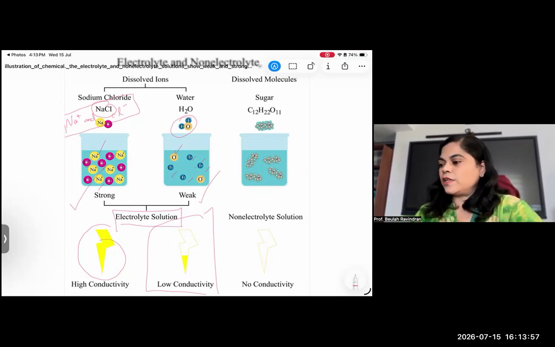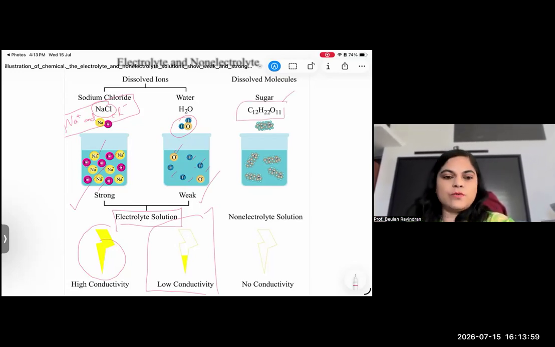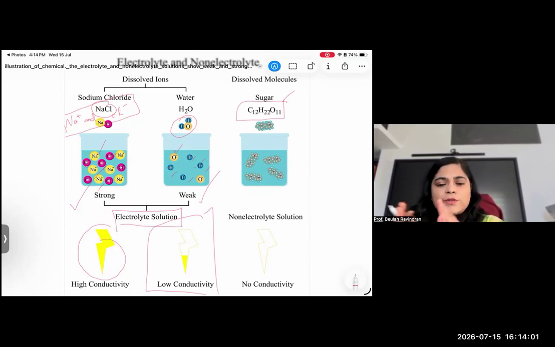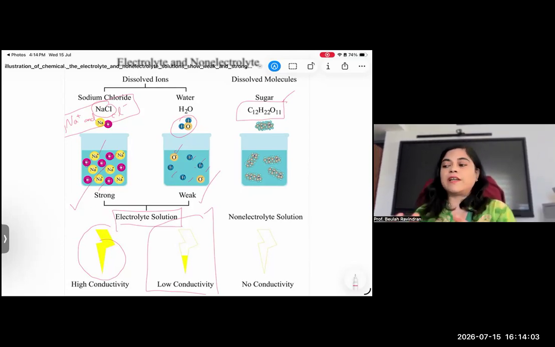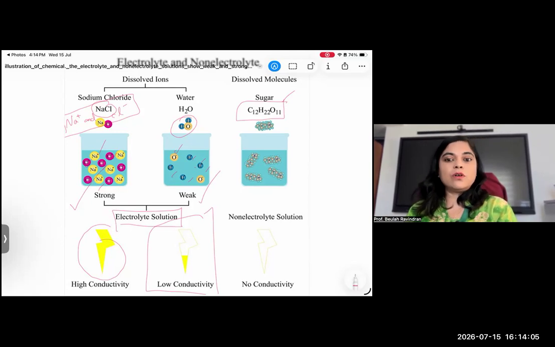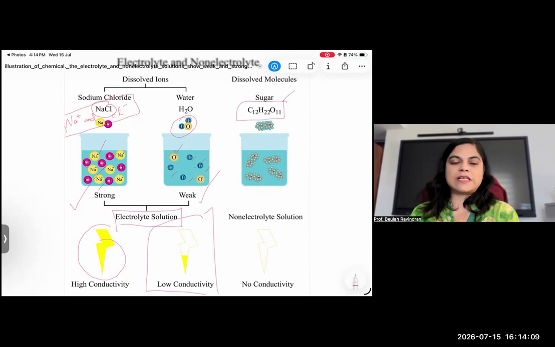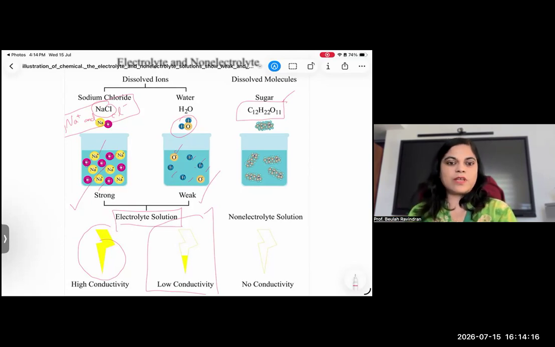What happened in sugar? Sugar consists of C12H22O11, right? It is held together by covalent bonds where atoms share electrons. There is no transfer of electrons, no movement of free electrons. The mutual sharing of a pair of electrons takes place, so it is held together.